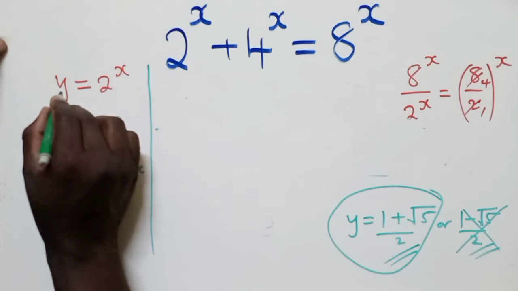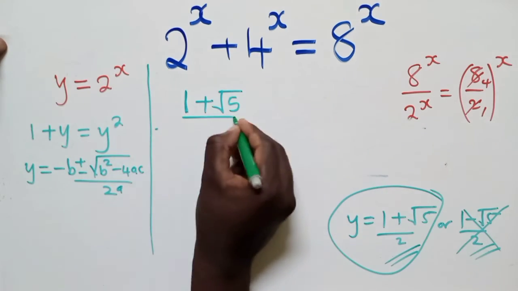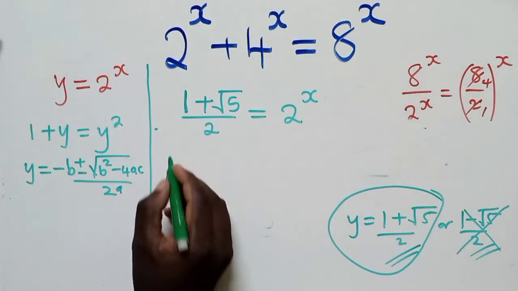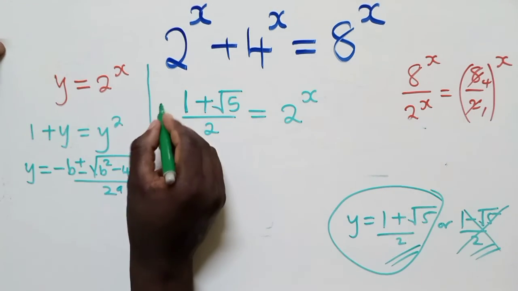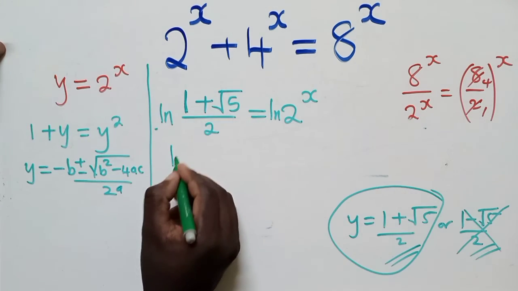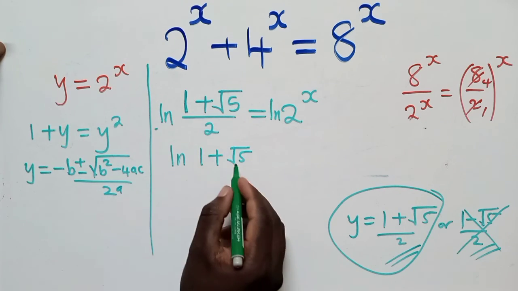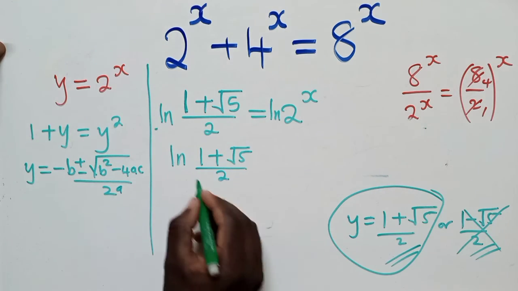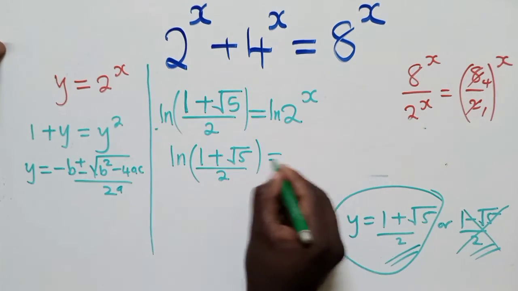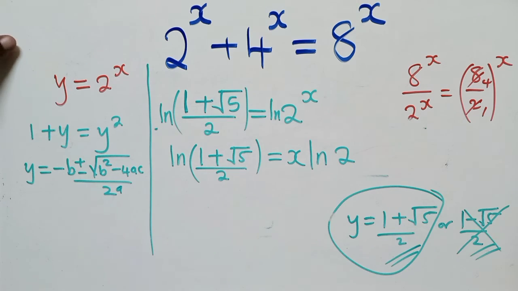We substitute it where y is. It will be (1 + √5)/2 is equal to 2^x. To solve for x, we apply the natural log, ln. So it will be ln of (1 + √5)/2 is equal to x ln 2.